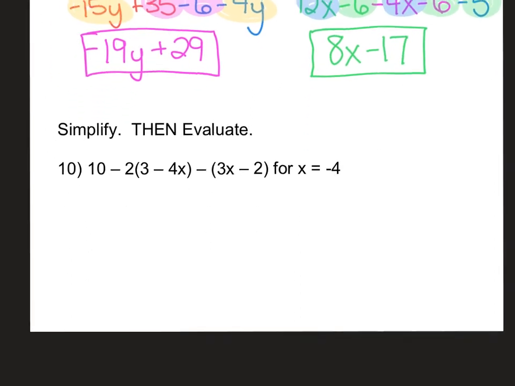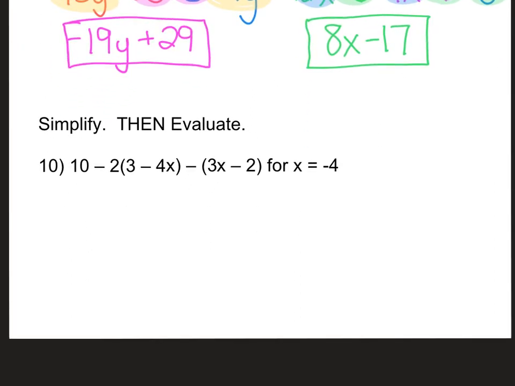All right, one more review problem for today. We're going to simplify, and then we're going to evaluate. So evaluate means to solve. They told us what the value of x is. So after we get it simplified, we'll plug that value for x in and get an actual answer. So we see the 10, it's all by itself, so let's just bring it down.